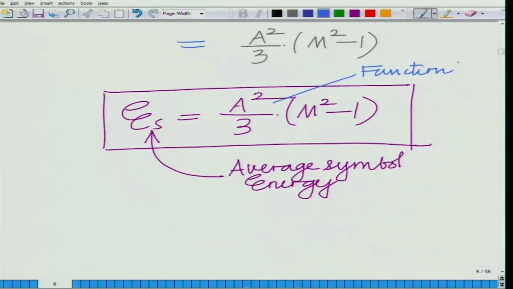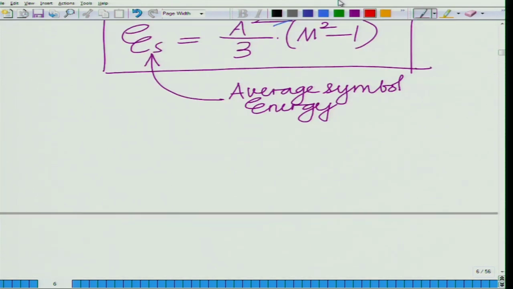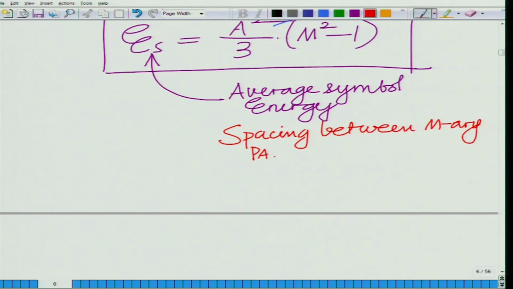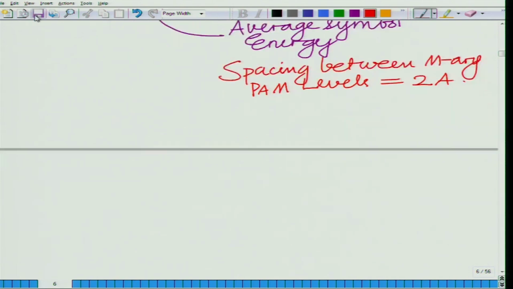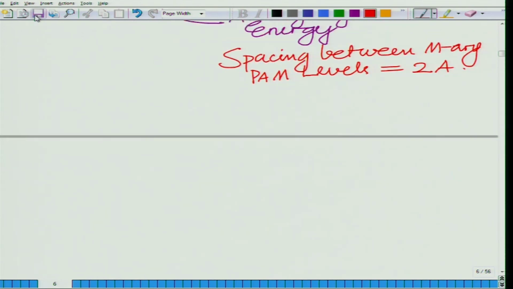That is the point. Spacing between M-ary PAM levels is equal to 2A.